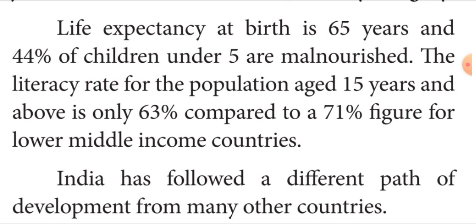The literacy rate for the population aged 15 years and above is only 63 percent compared to a 71 percent figure for lower middle income countries. India has followed a different path of development from many other countries.